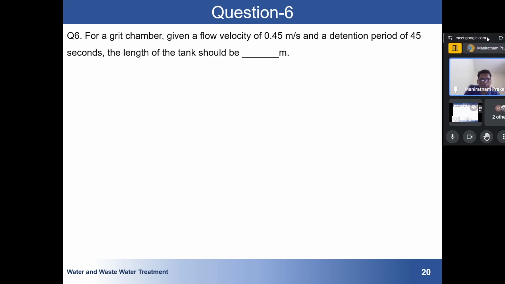If you are not solving, you can say so, and I will move forward. But if you are solving it, please let me know so that I can wait.